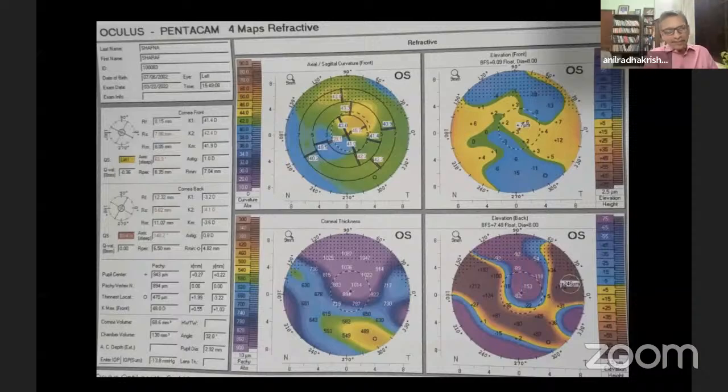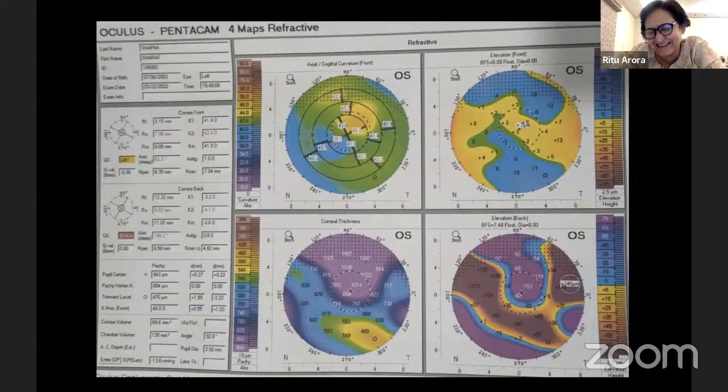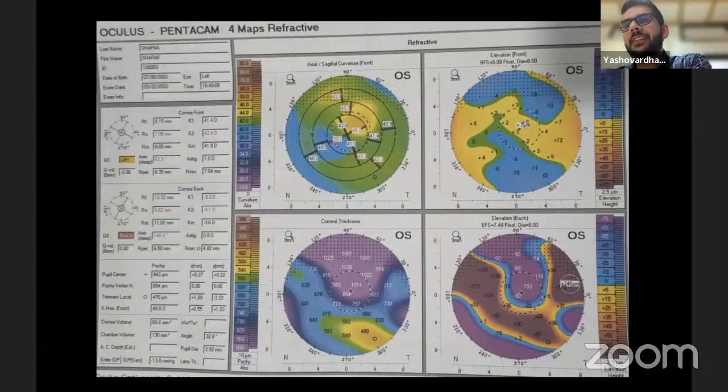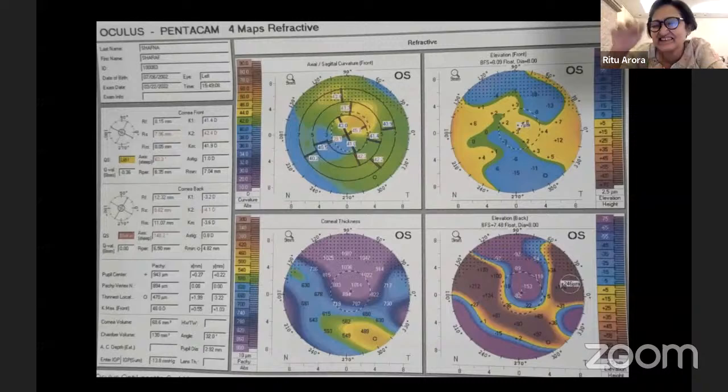So what is the relation between radius of curvature and keratometry? Considering a big sphere and taking a section of it, as of a cornea, does a higher radius of curvature mean more keratometry or less keratometry? That's what Anil is trying to ask.